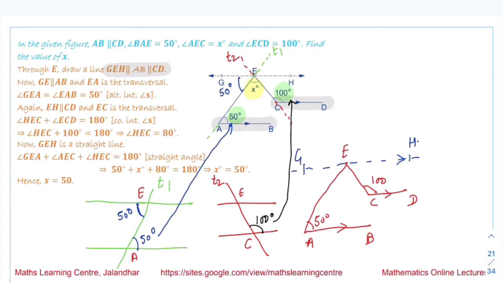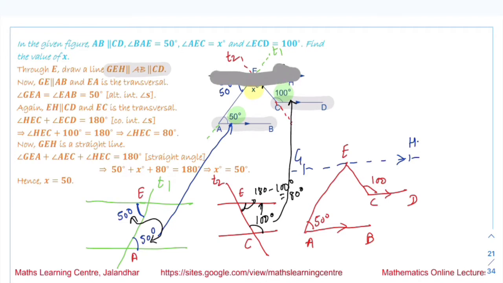If this angle is 100 degrees, then this angle will be 180 minus 100 degree. These are the co-interior angles, so the answer you will get is 80 degree. It means this value over here is 80 degrees.